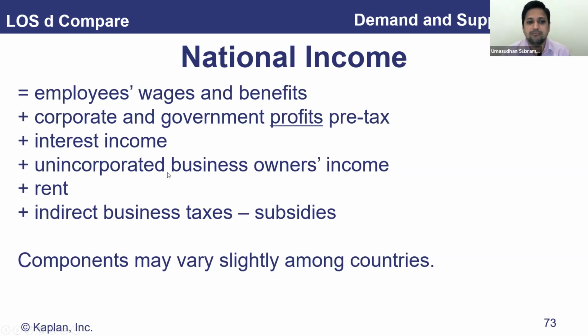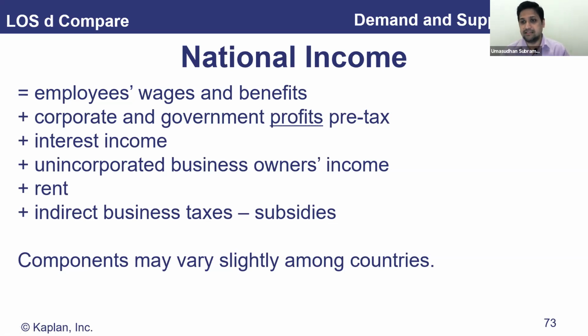And then unincorporated business owners' income. They are not incorporated businesses, but unincorporated, like proprietorships. So those incomes should go in. Rental income, indirect business taxes minus subsidies. That should also be taken into account. This is the income for governments, and here you're talking about indirect business taxes.